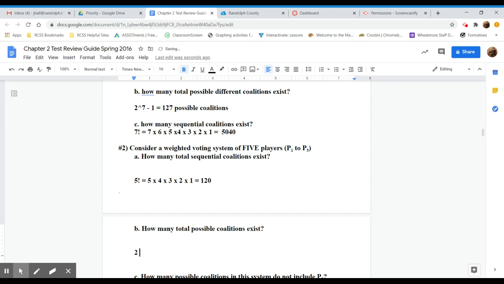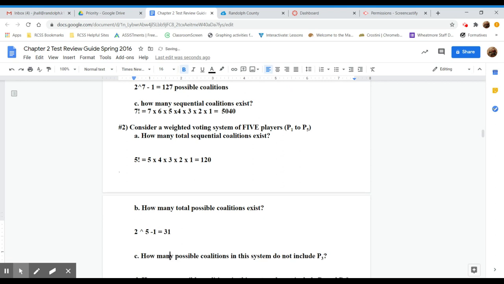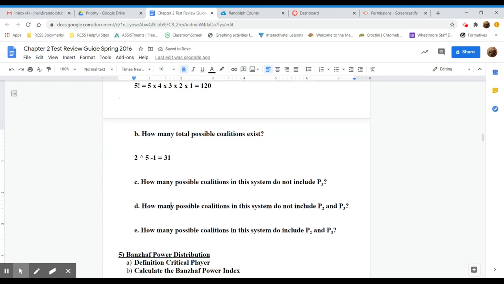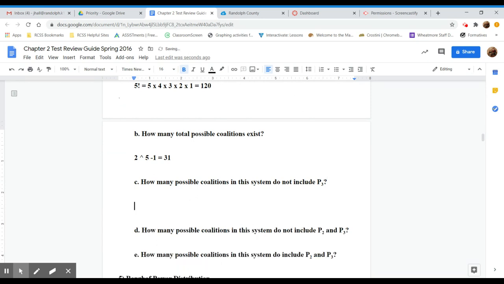How many total possible coalitions exist? Again, this is just 2 to the power of 5 and then minus 1. So 2 to the power of 5 gives us 32, right? 2 times itself 5 times, and then minus 1. Now we're looking at 31. How many possible coalitions exist in the system that do not include player 3?